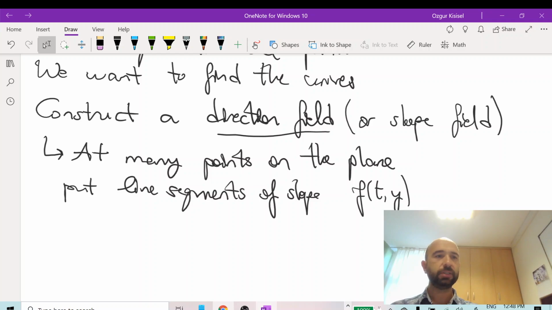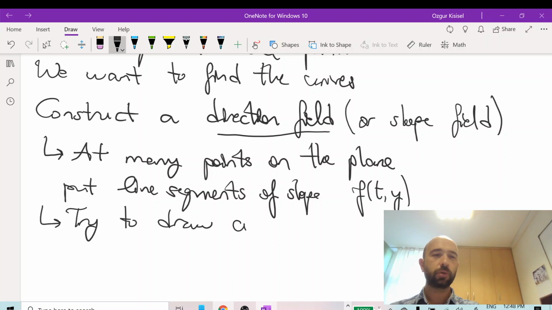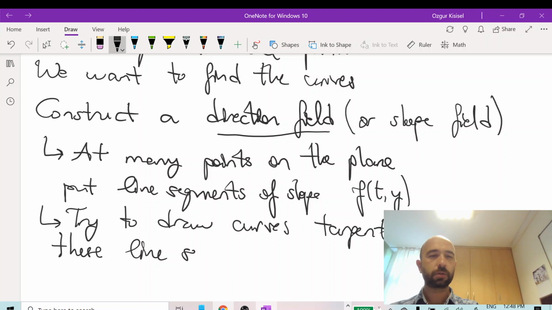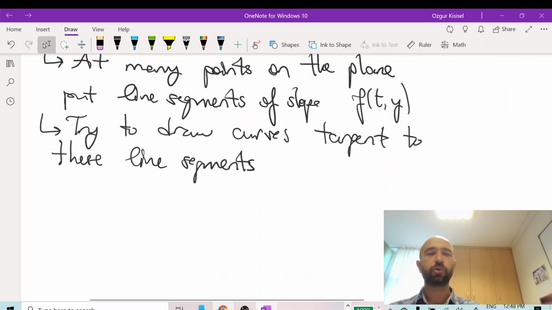And once you're done, then try to draw the curves tangent to these line segments. You might say there are many curves tangent to a given line segment.